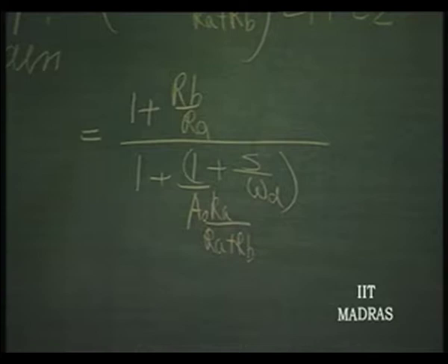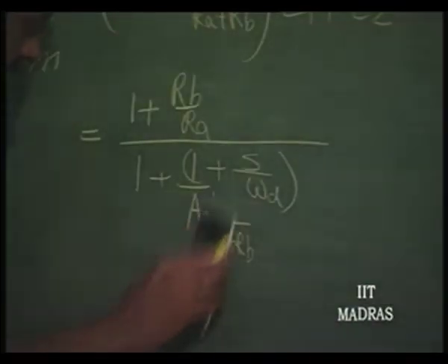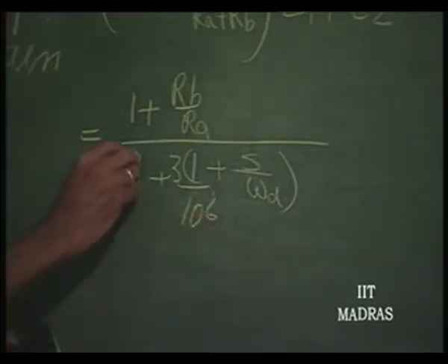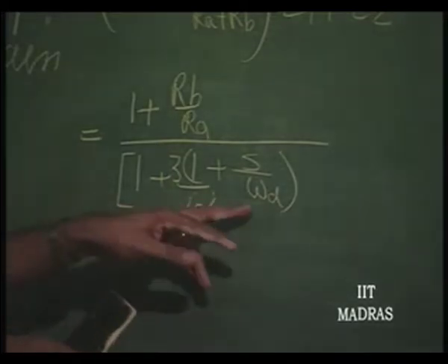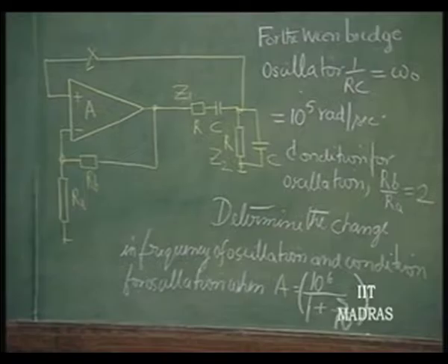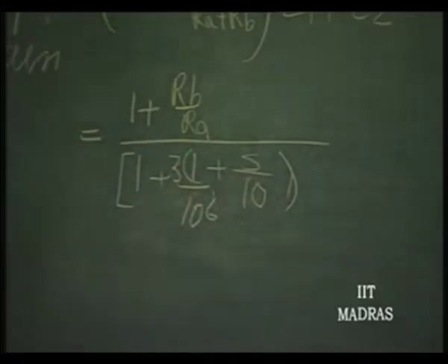So, actually speaking, RA by RA plus RB is equal to 1 over 3 nominally. So, we will put that value, this becomes 3 and A naught is 10 to the power 6 and omega d is 10. So, this is the part that we have to now bother about.